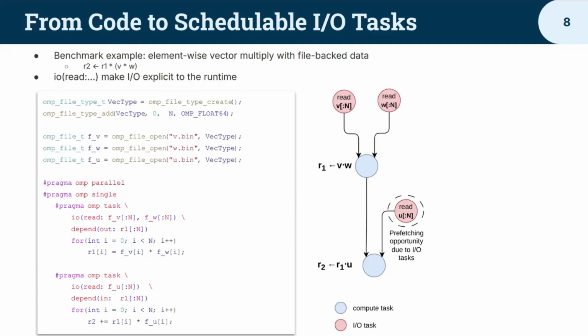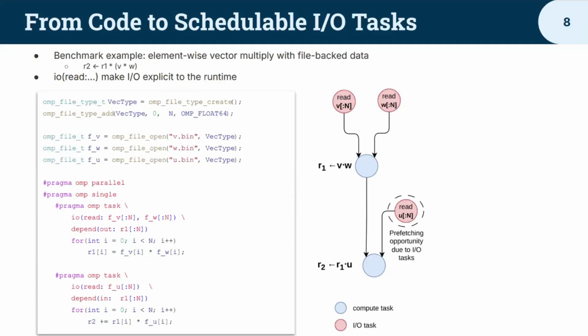Notice, if the runtime were to say, okay, there is no dependency here, no dependency here, no dependency here, I can issue those three reads in parallel, that could be bad for performance because you would be oversubscribing the IO system if you have a regular hard disk. So issuing many reads in parallel can hurt performance. So not only does the runtime know that this can be launched early, it knows not to launch while those reads are running. It can wait for those to finish, and then while the computation is happening, it launches this read in parallel.